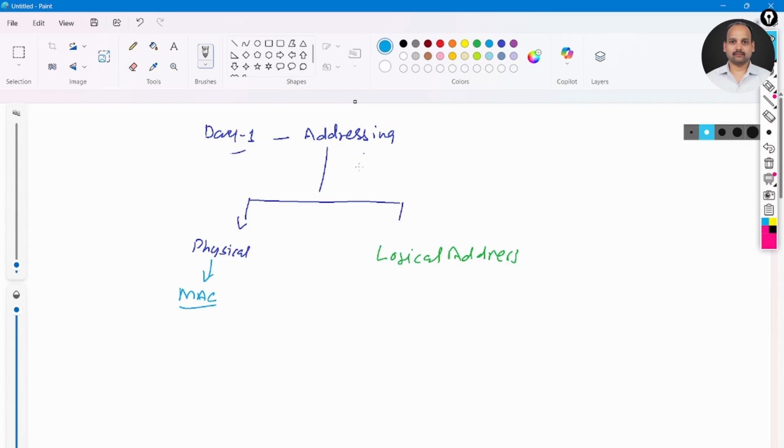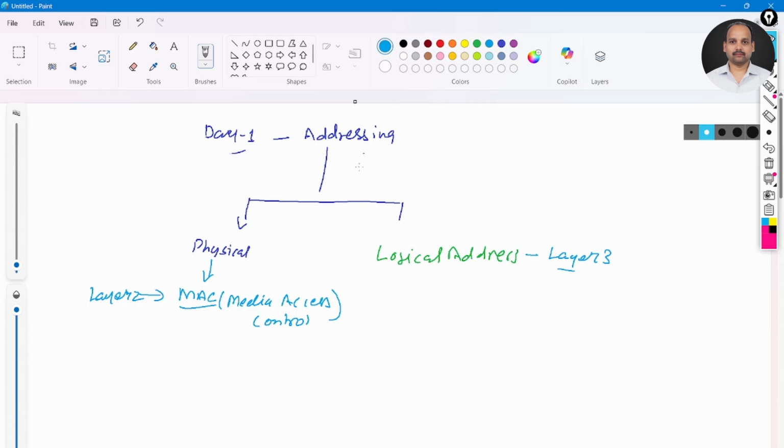So the physical address works on layer 2, and the logical address works on layer 3. We will discuss the layers when I start the OSI model, or you can say the TCP/IP model.